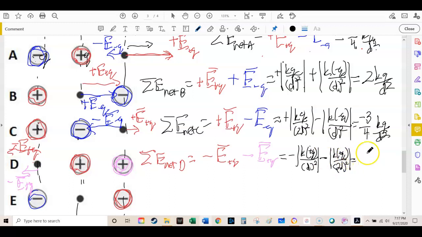So this is going to be a negative 1 KQ over D squared, and this is going to be a negative 1/4 KQ over D squared. So this is going to end up working out to be negative, what is negative 1 minus 1/4? Negative 5/4 KQ over D squared.